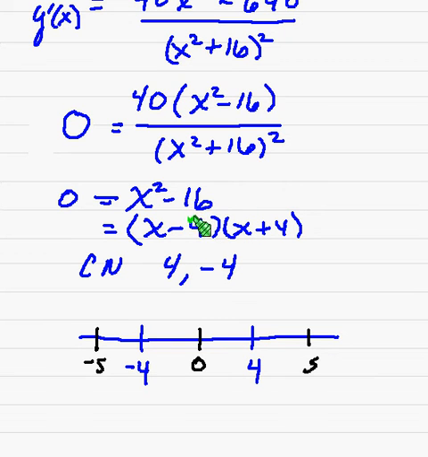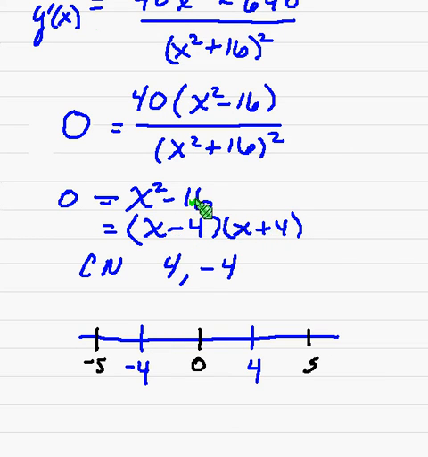In the bottom here, since it's squared, it's always going to be positive. I'm going to look at this piece right here. Negative 5 minus 4 is a negative. And negative 5 plus 4 is a negative. And a negative times a negative is positive.